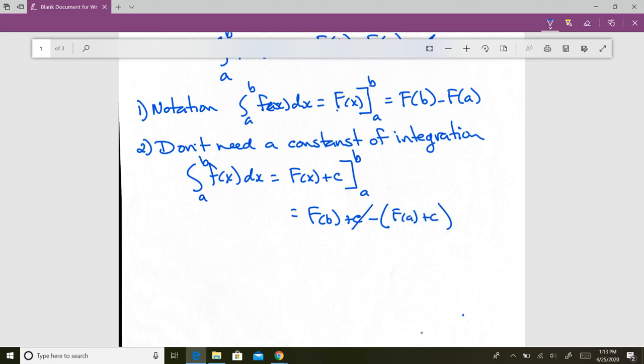And you can see c minus c would go away. You're just left with F of b minus F of a. Okay, so we don't need a constant of integration when you are doing definite integrals.